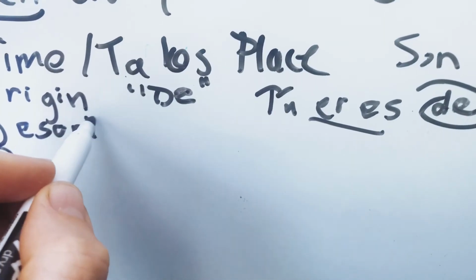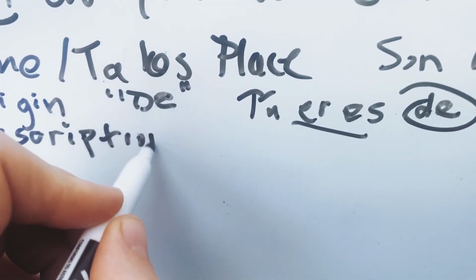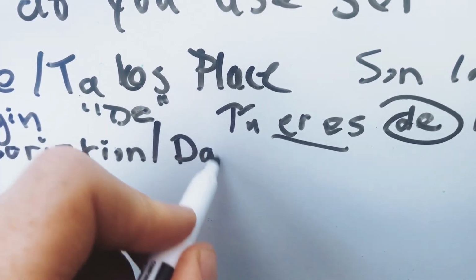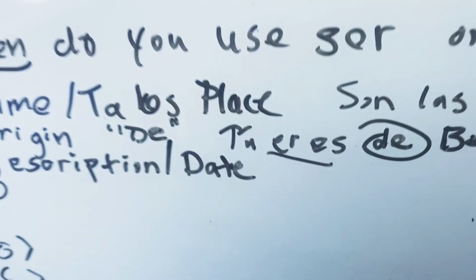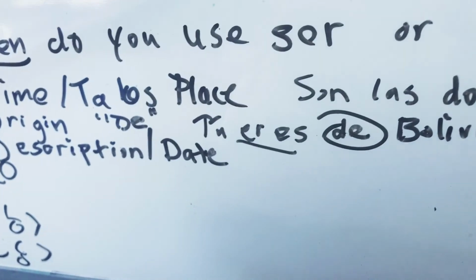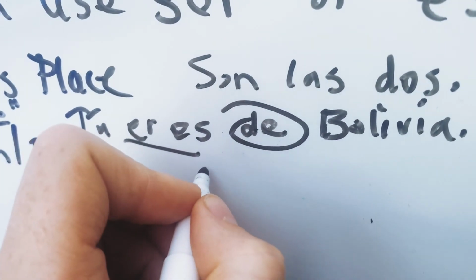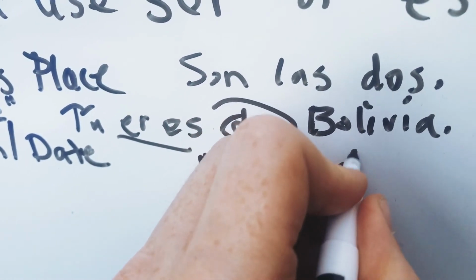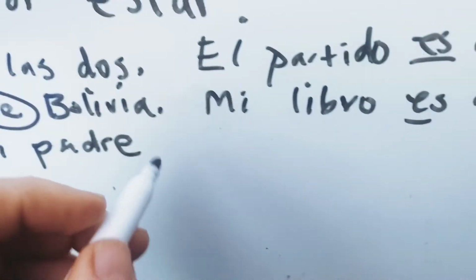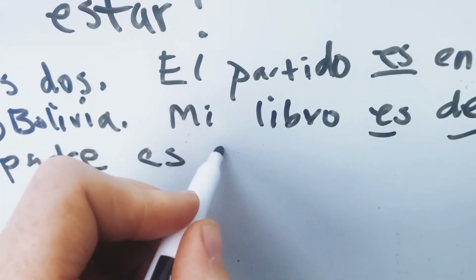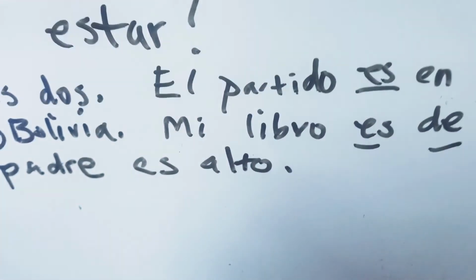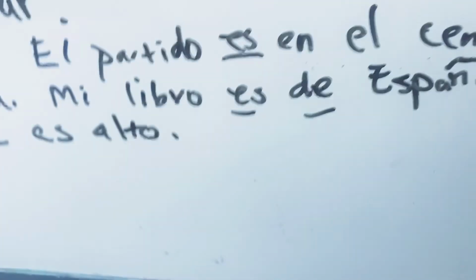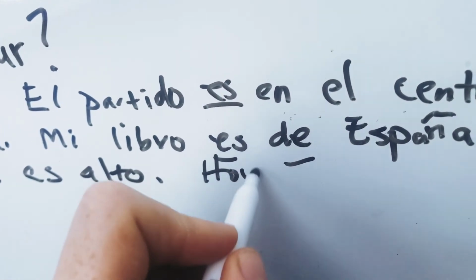Description or date. When you describe someone's innate characteristics, it's ser. An example would be something like, mi padre es alto. My dad is tall. The date, hoy es lunes.